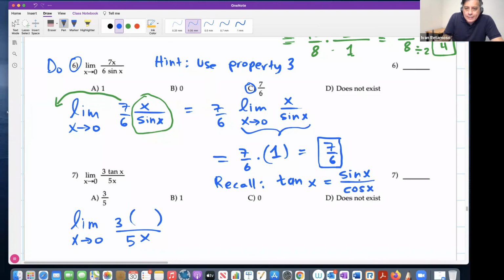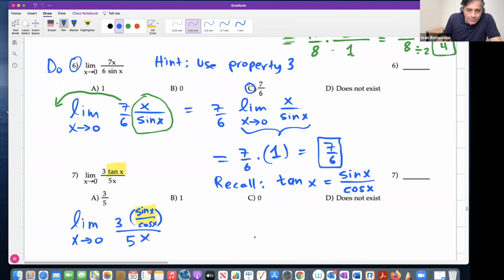I think you will need this on your homework. Tangent of x is always equal to sine of x over cosine of x. It's called the quotient identity, or one of the quotient identities. Tangent is sine of x over cosine of x, and cotangent is cosine of x over sine of x, right? So we're going to use this here. This tangent that you see here, we're going to rewrite as sine of x over cosine of x.